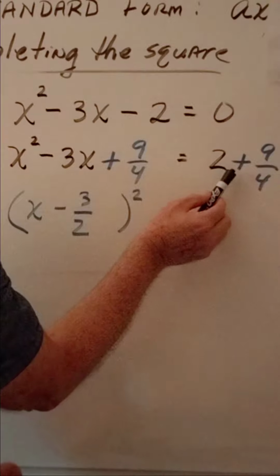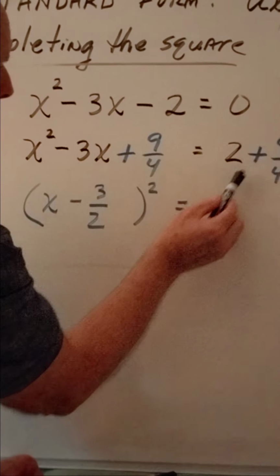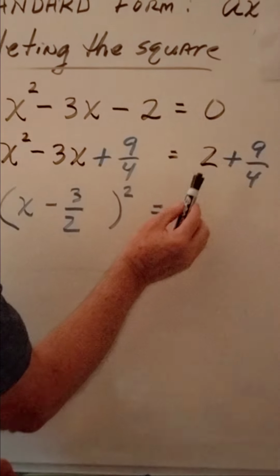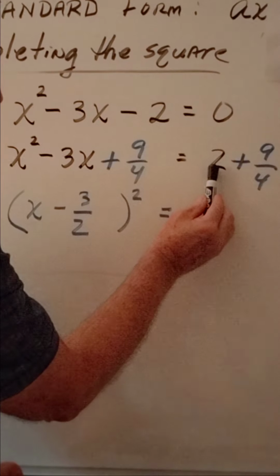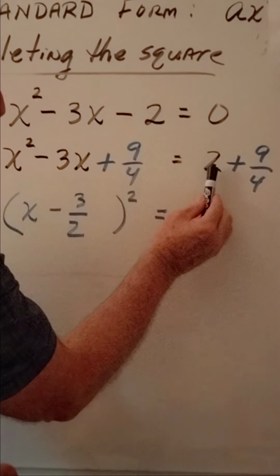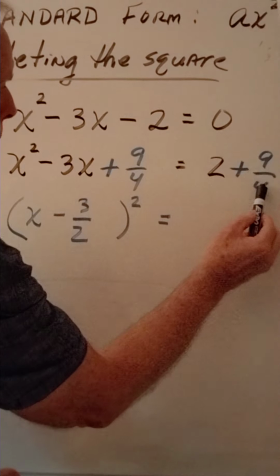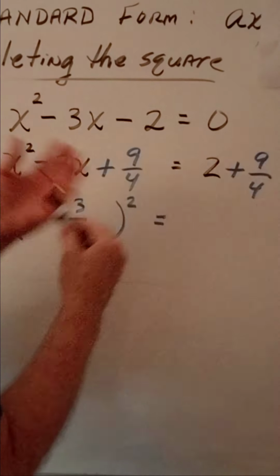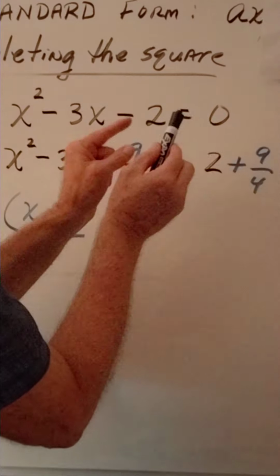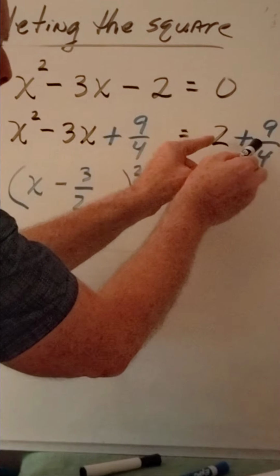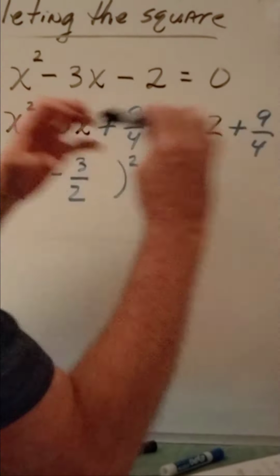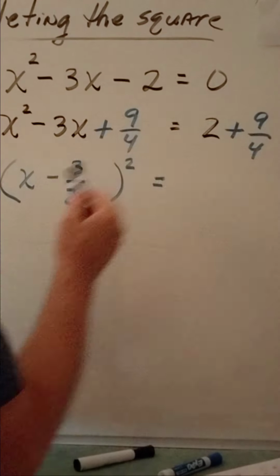Because here's what you can think of this as. Even though there's a plus sign there, think of this as somewhat of a mixed number, 2 and 9/4. Why can I say that? Because individually they're both positive terms. So I can merge them together and call it 2 and 9/4.